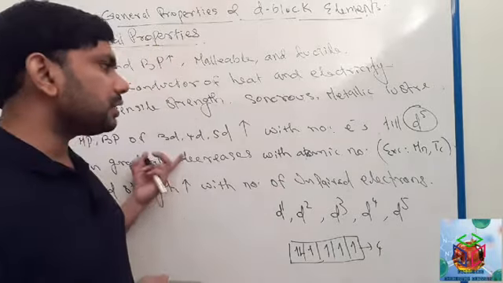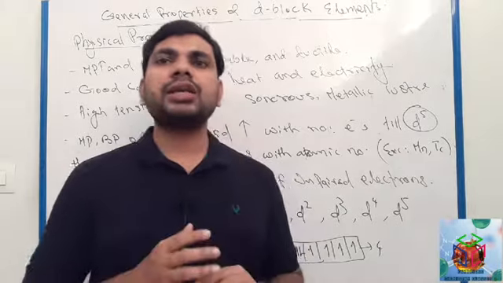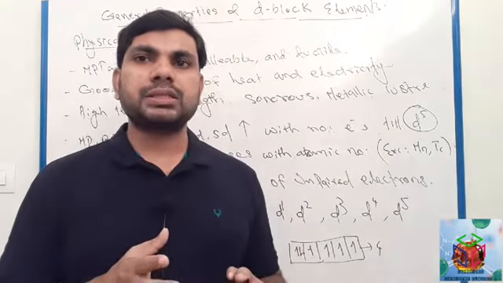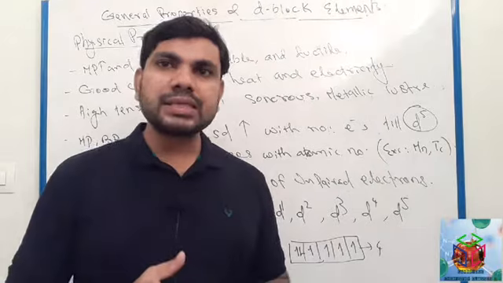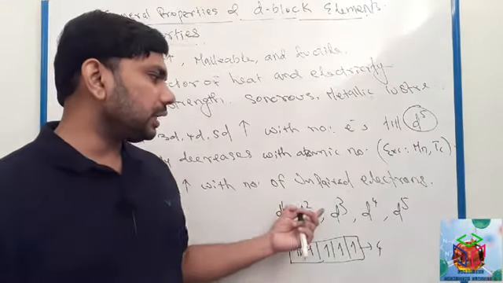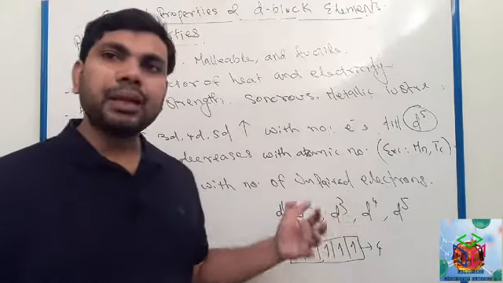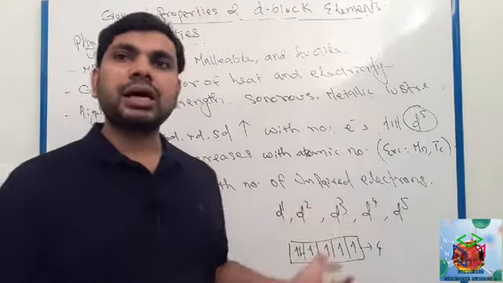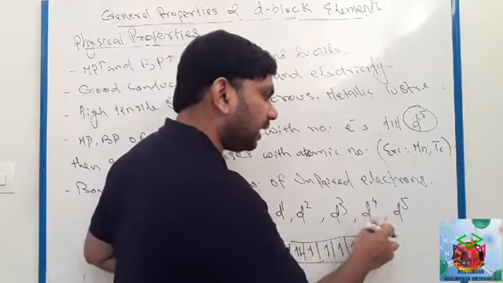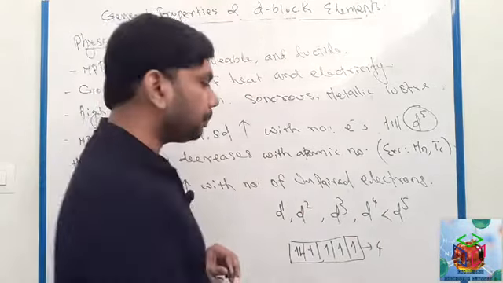So the melting and boiling points of d block elements increase with the increasing number of unpaired electrons, accordingly d1, d2, d3, d4, d5. Which element shows the highest melting and boiling point? The element with the d5 configuration, then d4, then d3, then d2.